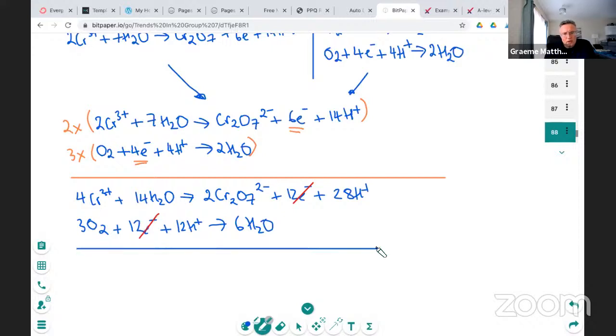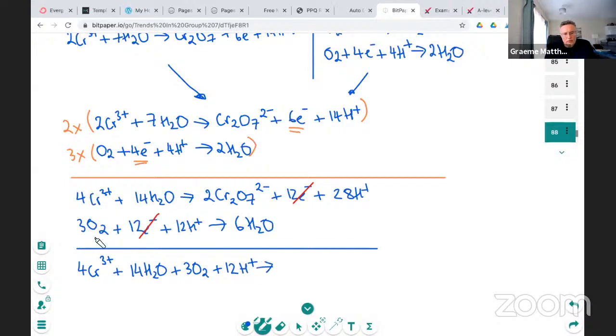Get rid of my ruler option. Right, so I got 4 chromium 3+. It's supposed to be a plus. So I've got 4 chromium 3+ like this, and 14 waters, and we will simplify down. And 3 oxygens like this, and 12 hydrogens like so.